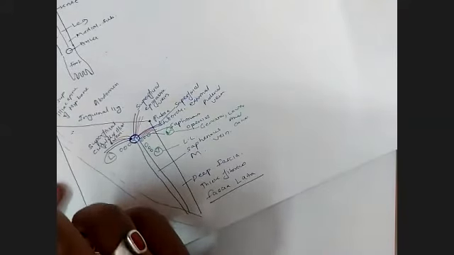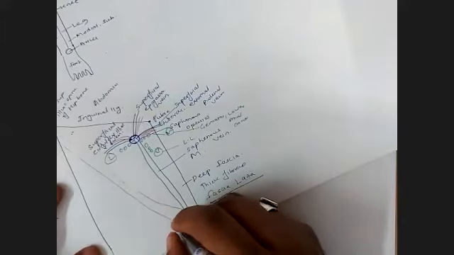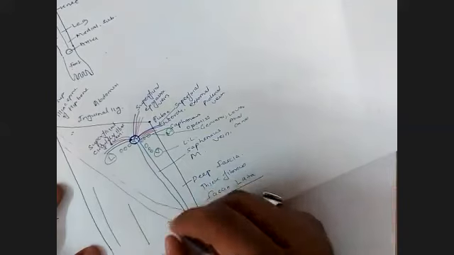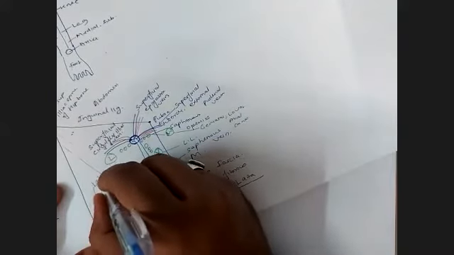Then lower down here, below the line of the sartorius, we see three nerves: the medial, intermediate, and lateral cutaneous nerve of the thigh. They take care of the cutaneous supply.